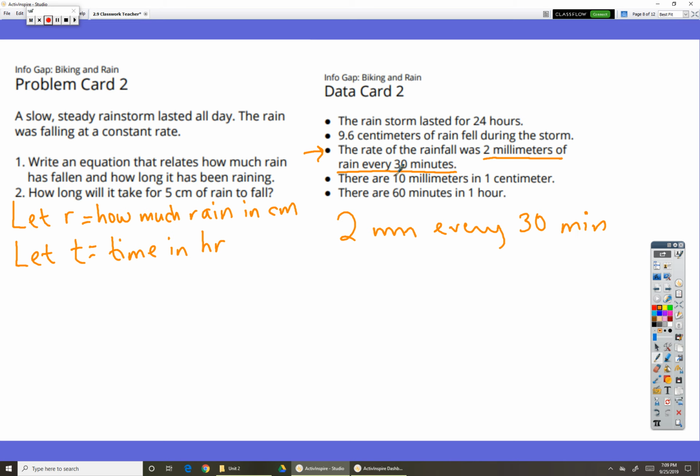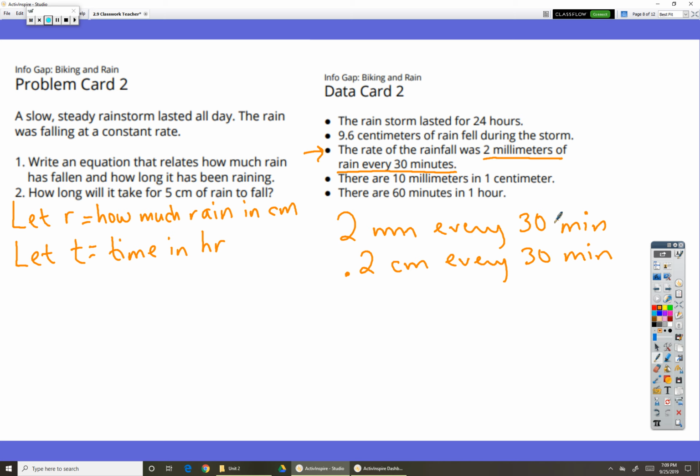Well, I know that there's 10 millimeters in 1 centimeter. So if there's 10 millimeters in 1 centimeter, I'm going to need to divide 2 by 10 to figure out how many centimeters that would be. So if I divide 2 by 10, I can just move my decimal over one place, and I get 2/10 of a centimeter every 30 minutes.